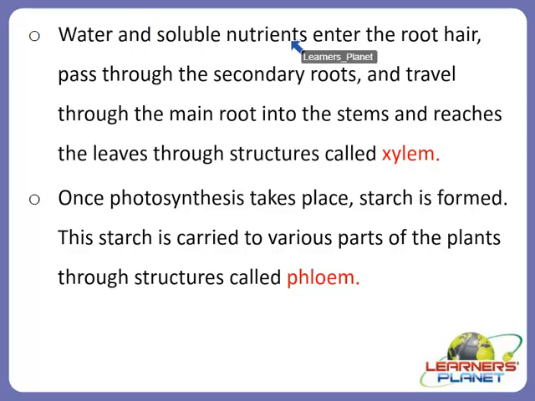So always remember this: water and minerals through xylem and food through phloem. Many different kinds of sugars can be made during photosynthesis, but glucose is the one that is usually made. The glucose is dissolved and transported through the plant via the tissue called phloem.